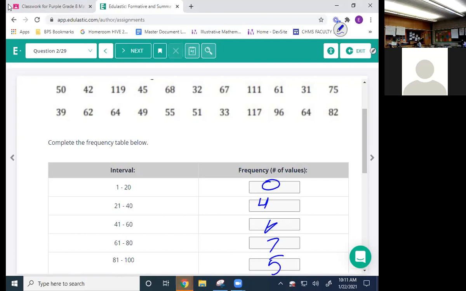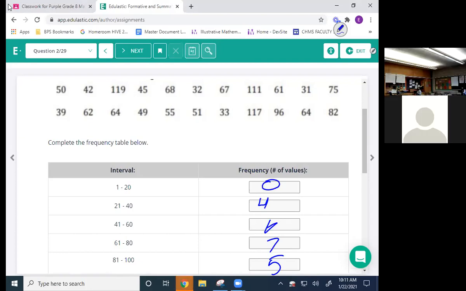If you went through that list, how I did it was I wrote my 5 categories down, and I went through my list and put a tally for each one. I said 51, put a tally here. 42, put a tally here, or actually here. And you go all the way down your list and put tallies. That is my suggestion if you have to create a histogram.